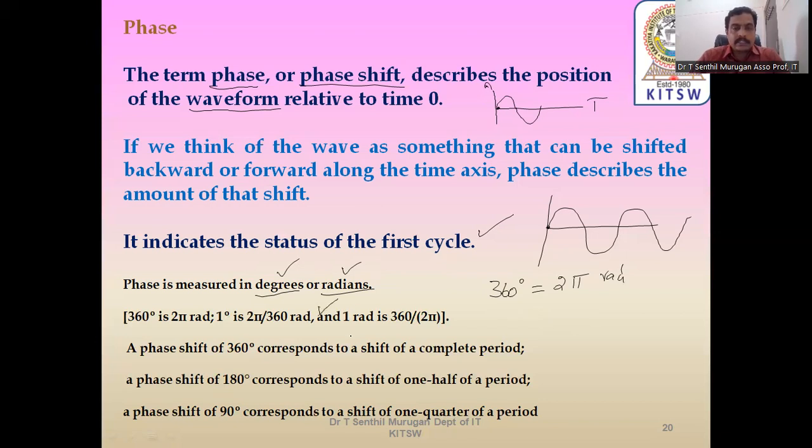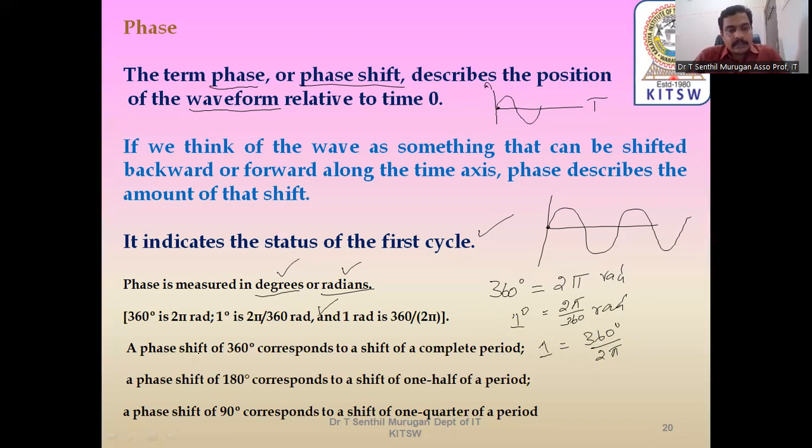Here you can see clearly: 1 degree means 2π by 360 radians. And 1 radian equals 360 degrees by 2π.